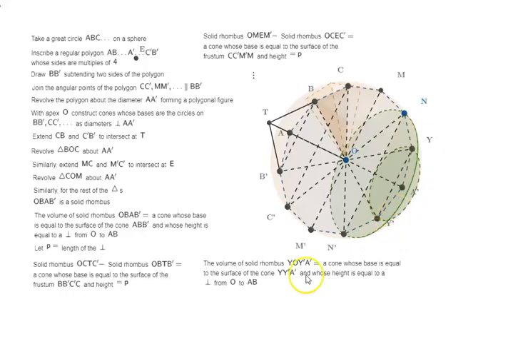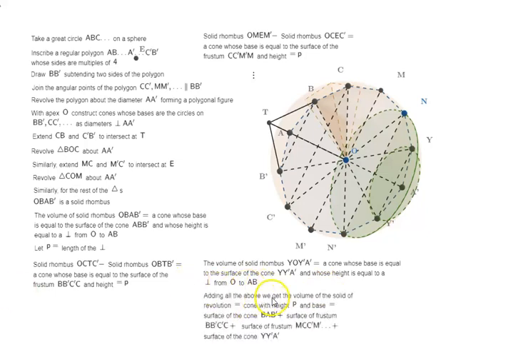So that finally we reach the volume of solid rhombus YOY prime A prime is equal to a cone whose base is equal to the surface of the cone Y prime A prime and whose height is equal to a perpendicular from O to AB, that is P. Adding all the above, we get the volume of the solid of revolution, which is equal to a cone with height P and base equal to the surface of the cone BAB prime plus the surface of the frustum B prime C plus the surface of frustum MC prime M prime and so on.